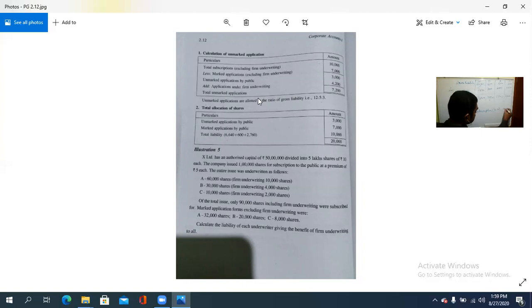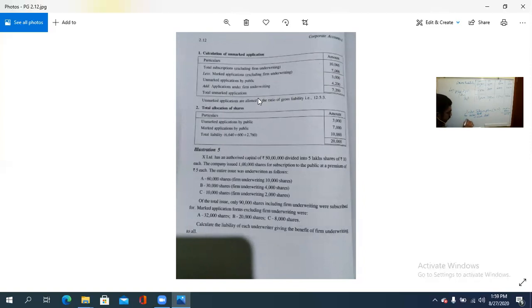Underwriting. How much is it? 10,000, isn't it? It is 10,000, as stated in our question. Less marked application, how much? 7,000. So the 3,000 is what? Unmarked application, isn't it?